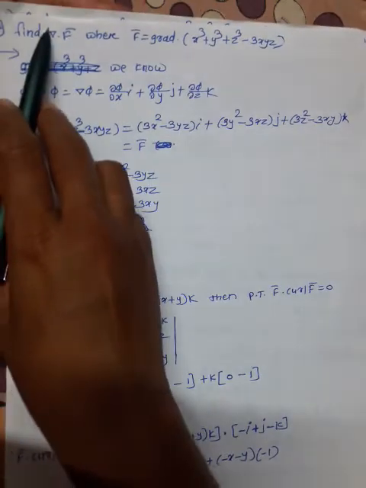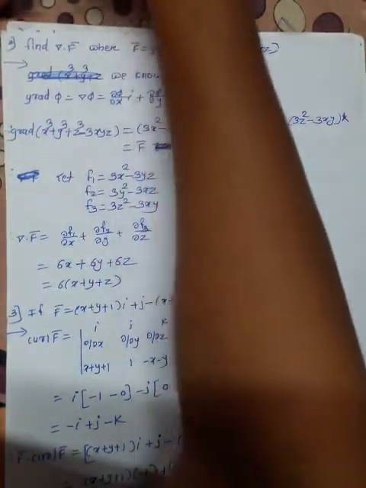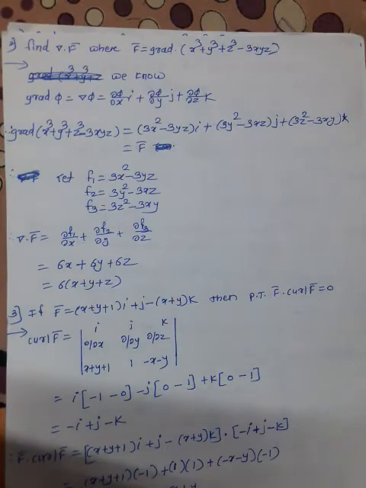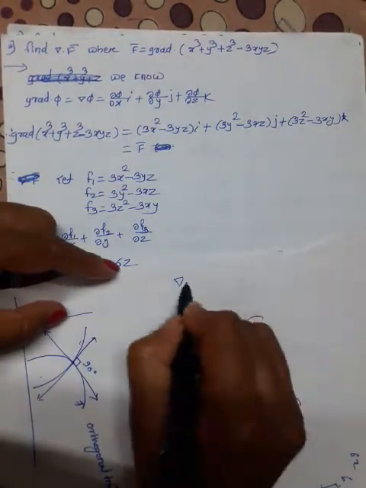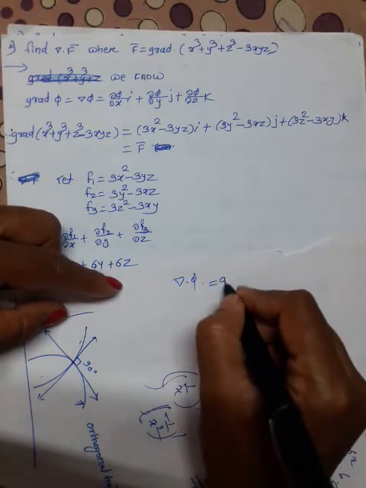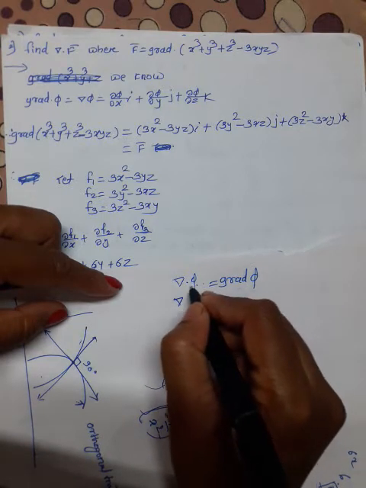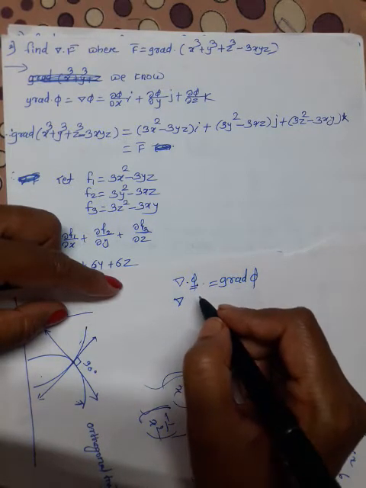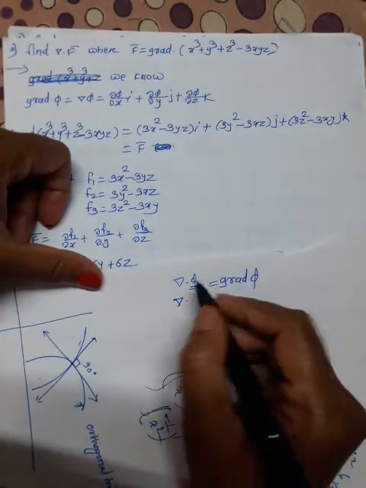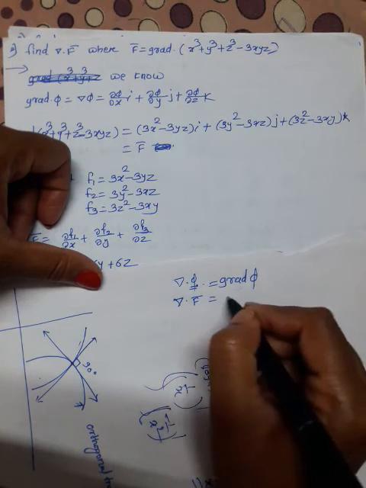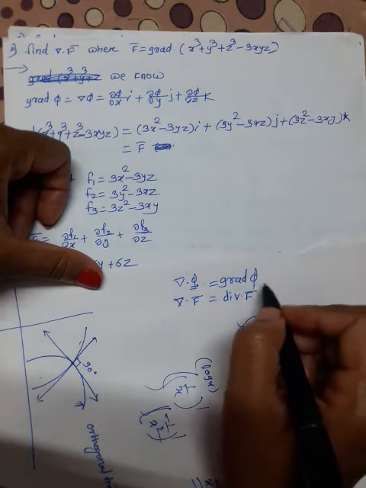Gradient and divergence are different, because gradient has a different formula: del phi is called the gradient of phi, grad of phi, where phi is a scalar function, it is not a vector. It is a function of x, y, z. But del dot f bar is called the divergence of vector f bar. These are two different things.